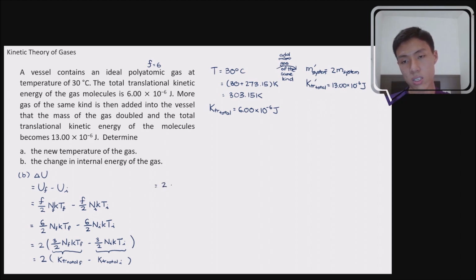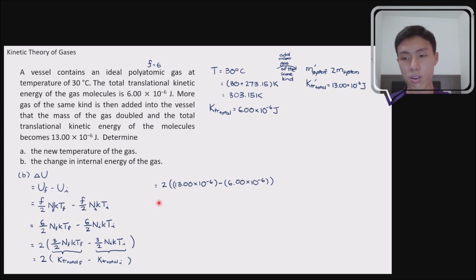We know the value: KTR total final is 13.00 times 10 to the power negative 6. Let's put another bracket here, then you are going to minus KTR total initial, which is 6.00 times 10 to the power of negative 6.